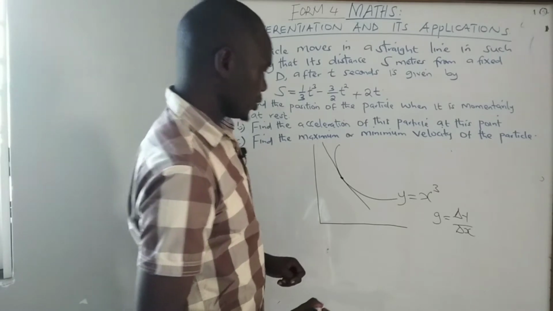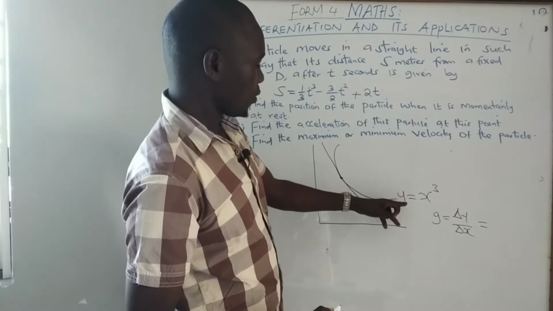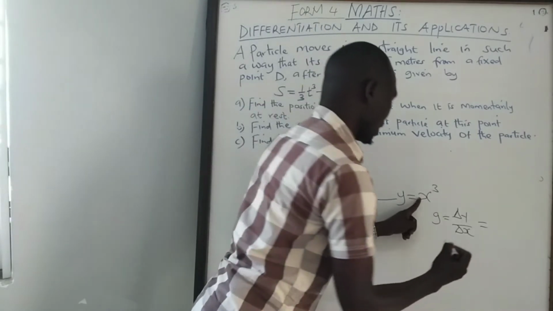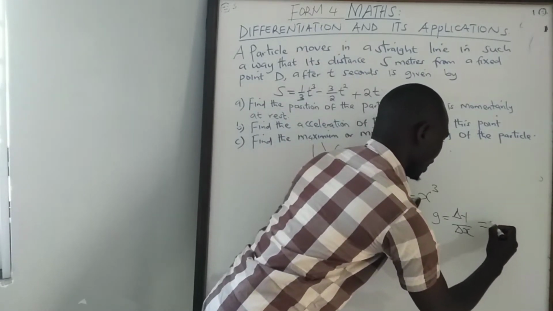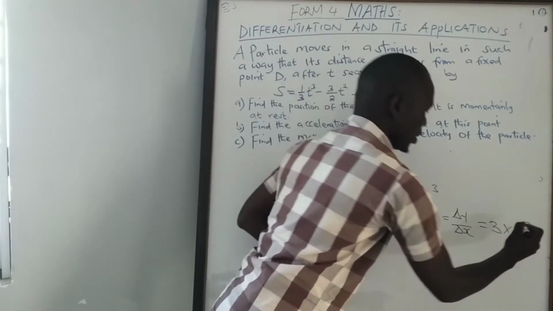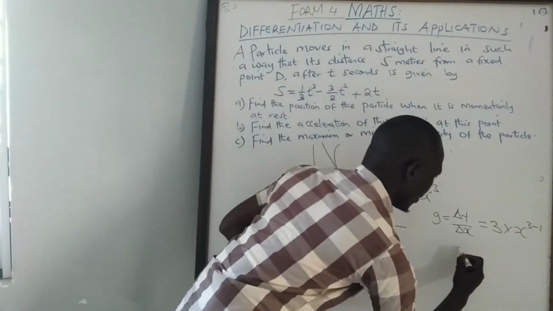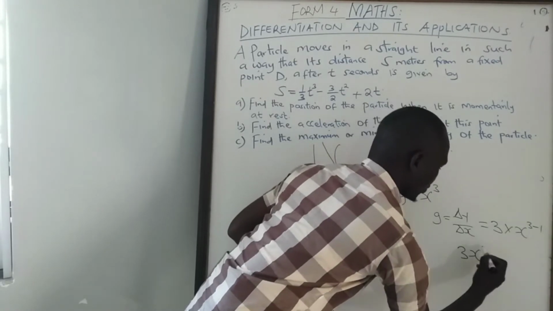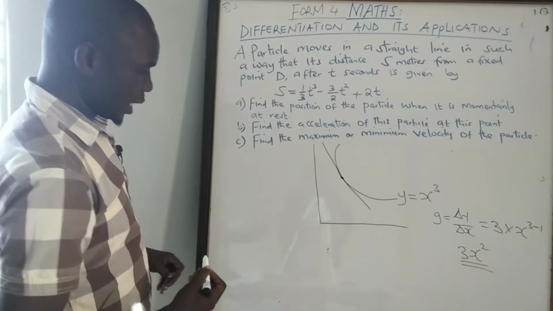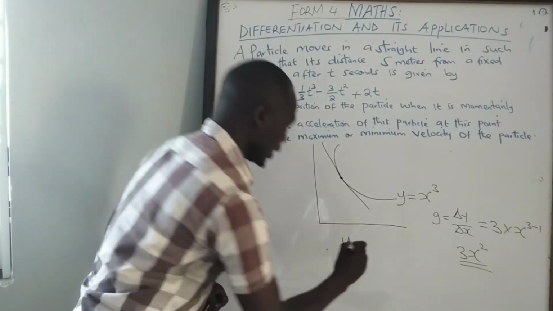Under differentiation, the power here multiplies in front, so we have 3 times x cubed, then the power of x reduces by 1. So 3 minus 1, and we have 3x squared.